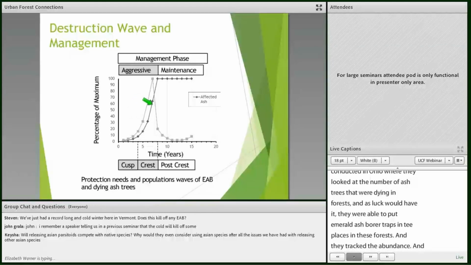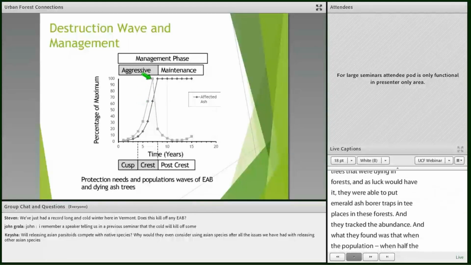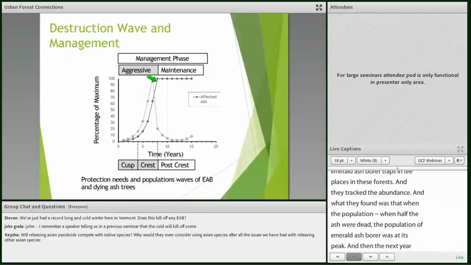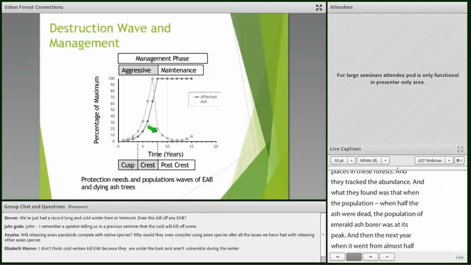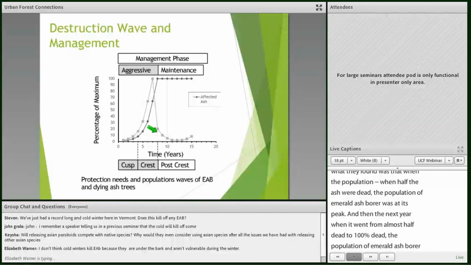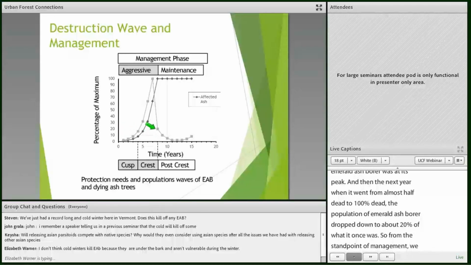And what they found was that when half the ash were dead, the population of emerald ash borer was at its peak. And then the next year, when it went from almost half dead all the way up to about 100% dead, the population of emerald ash borer dropped down to about 20% of what it once was. So from the standpoint of management, we want to be very, very aggressive in this cusp and crest period.